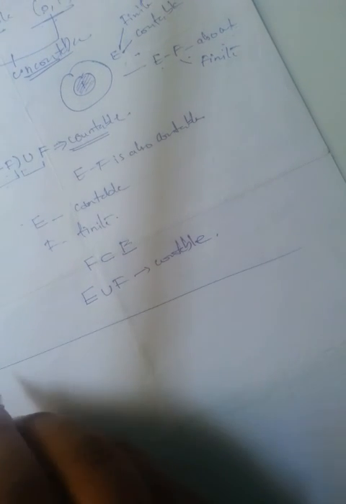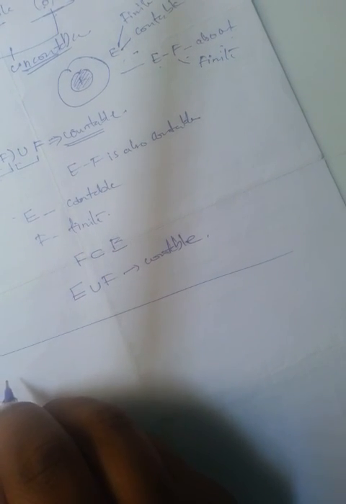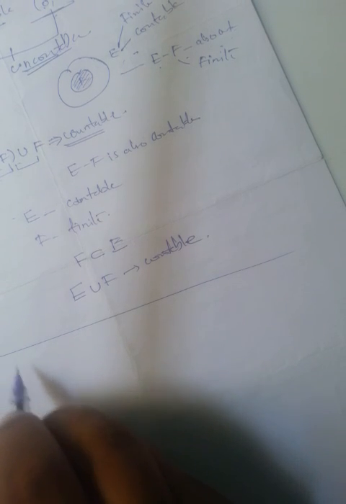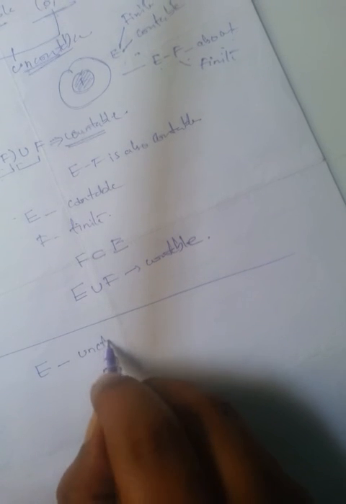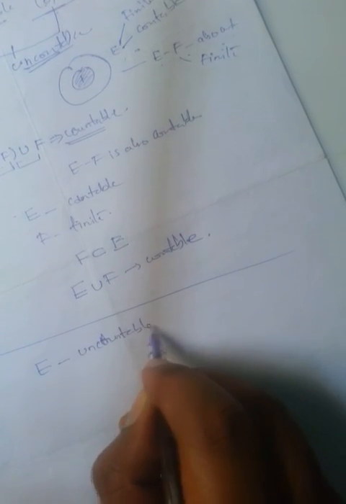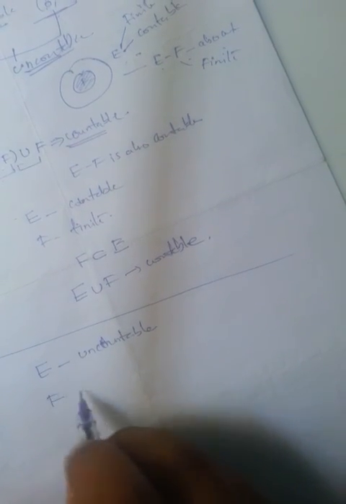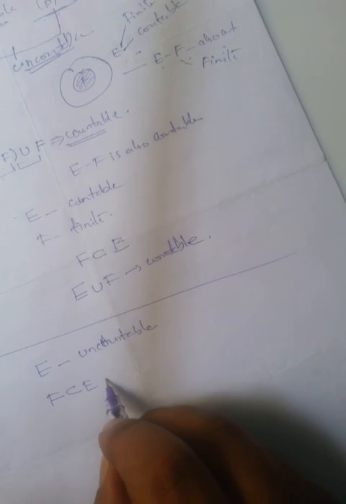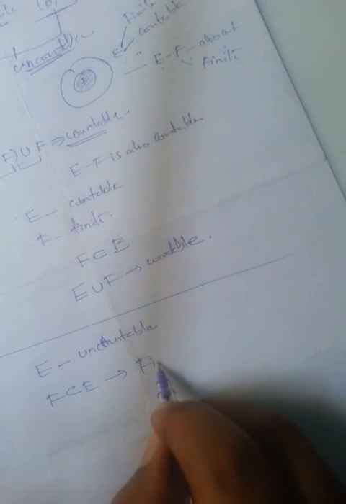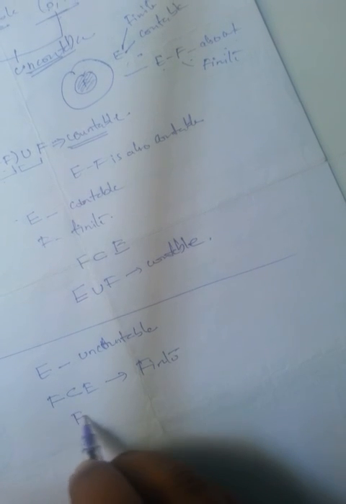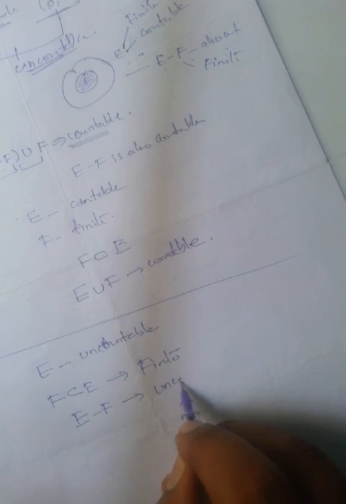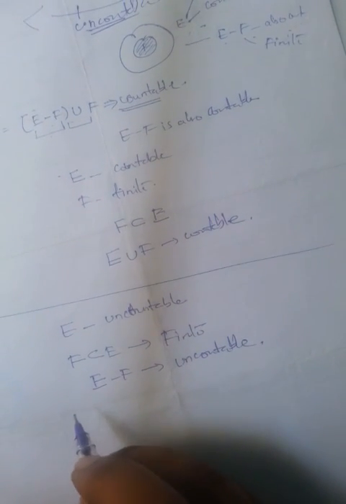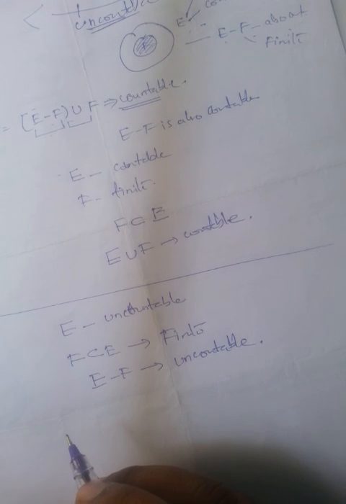Now one more thing that we have here is that if we have E which is uncountable, and F a finite subset of E, we have to prove that E minus F is uncountable.